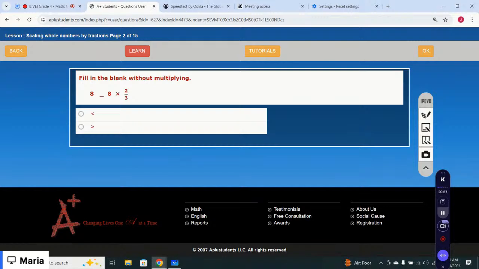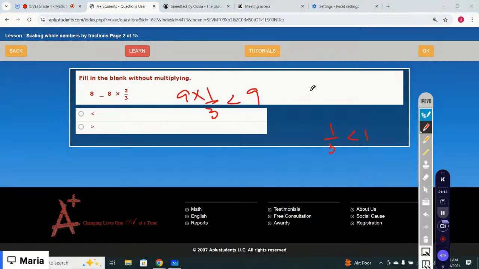Fill in the blank without multiplying. 8, you have to compare it to 8 times 2/3. So 2/3 is less than 1, right? So if you do 8 times 2/3, that makes it smaller.